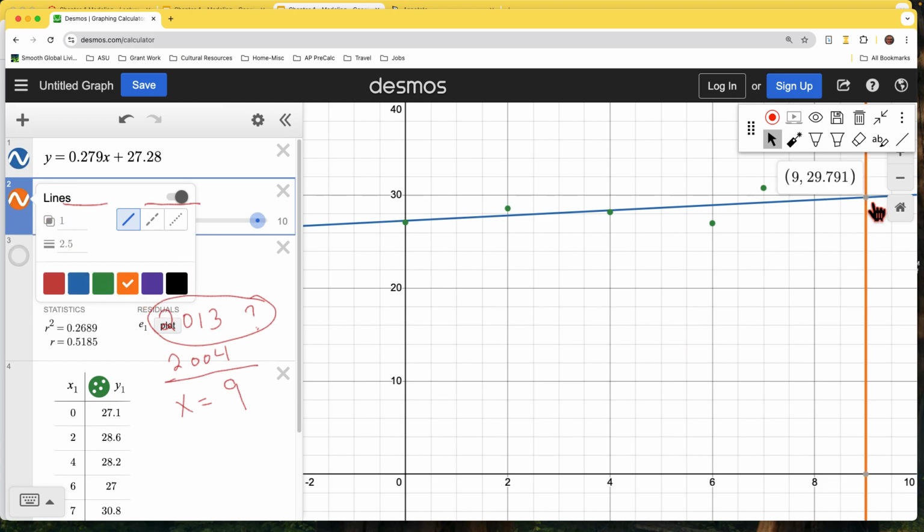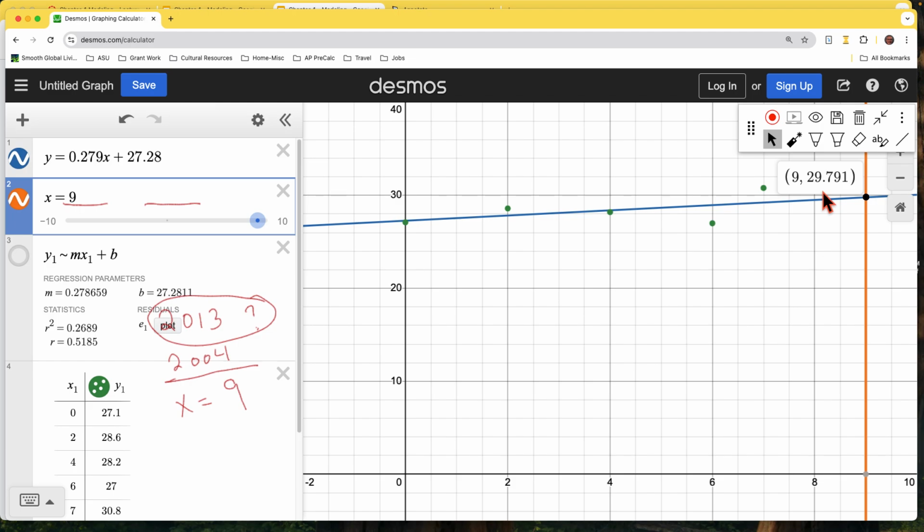What I see now is I get an intersection between the blue line and my orange line. This is where I get my answer. So after 9 years, which is the year 2013, we were predicting that 29.79, rounded to 2 decimal places, millions of Christmas trees are being sold.